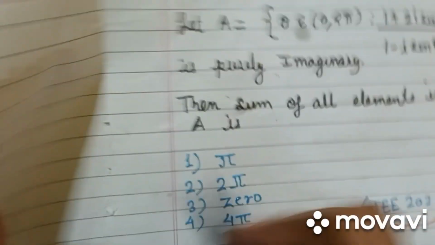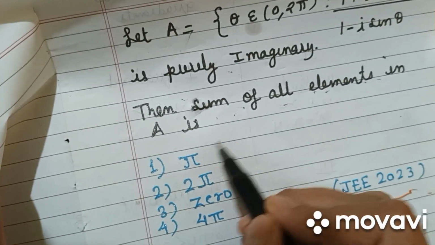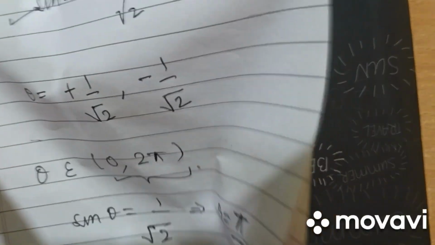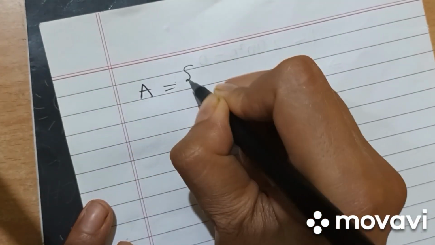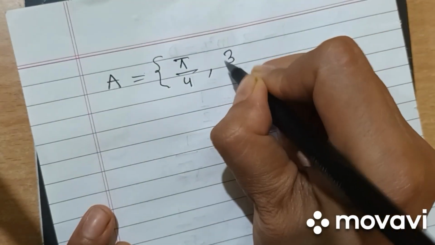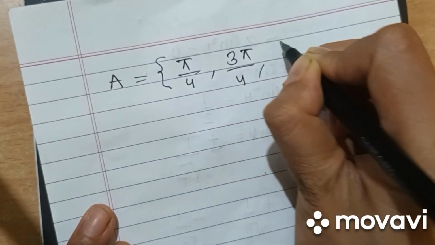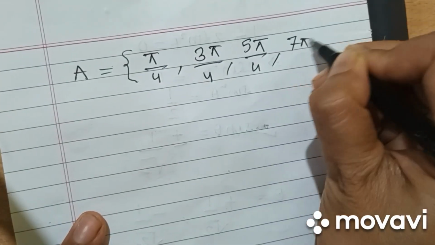In the question we have been given the sum of all elements in A. Now we have 4 elements in A that we have found out, and the elements are pi by 4, 3 pi by 4, 5 pi by 4, and 7 pi by 4.